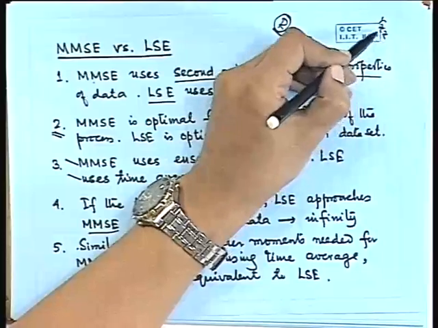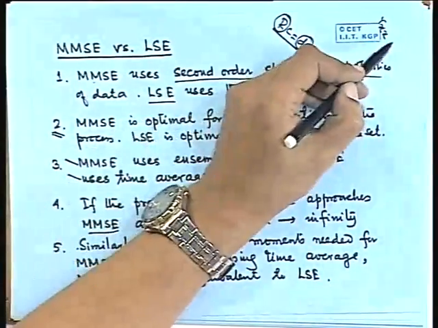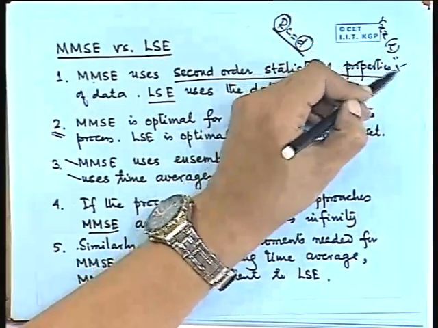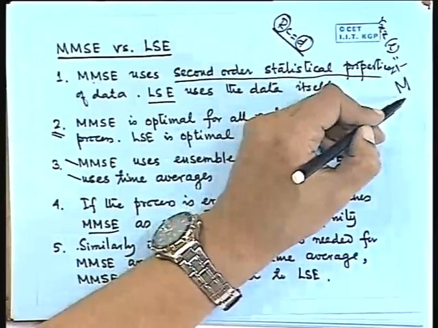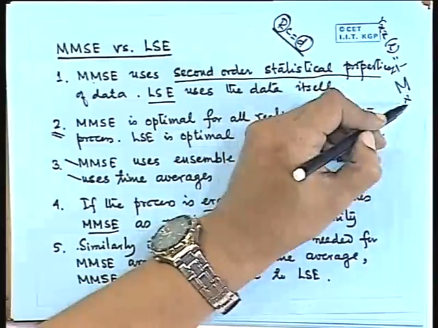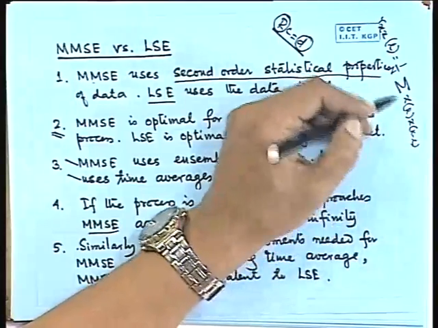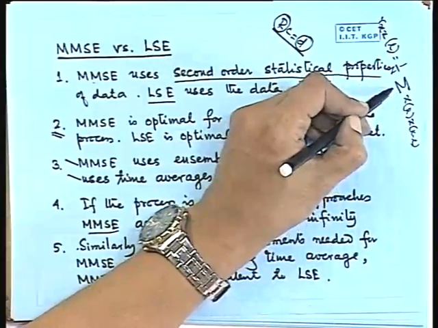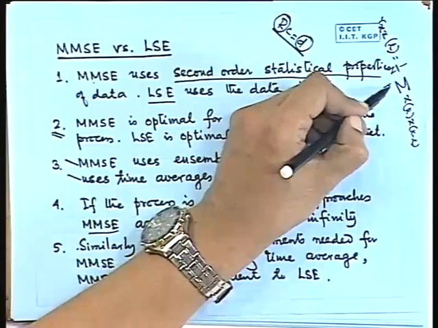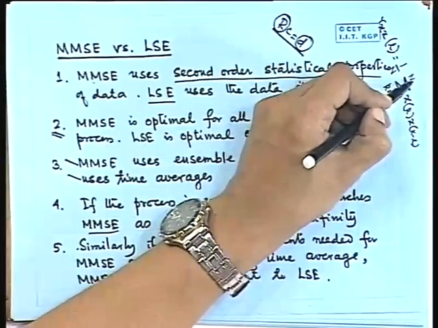But remember, if you are given one sequence, how can you estimate the autocorrelation function? We wrote that Rxx(l) is equal to 1 by N times the sum of x(k) x(k minus l), where k goes from l to N minus 1.